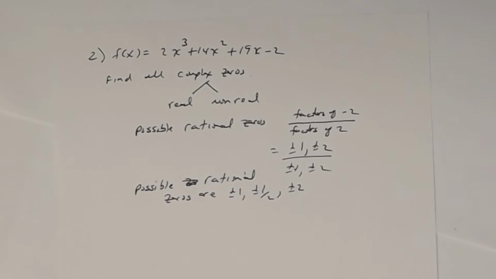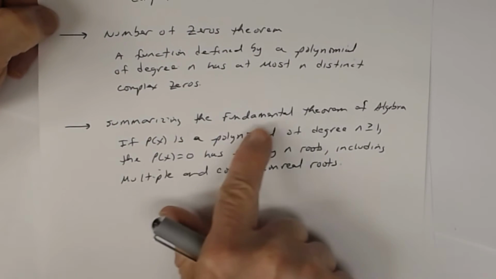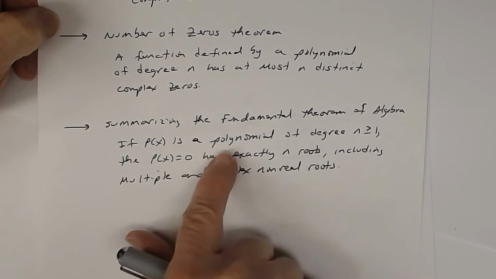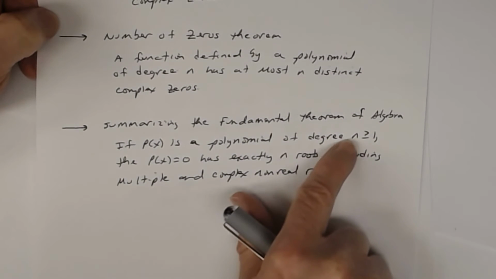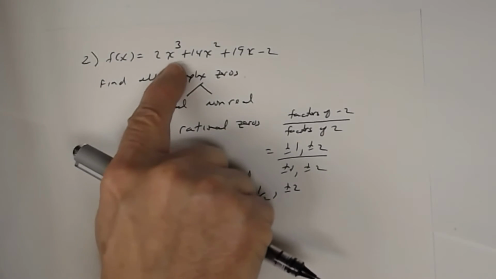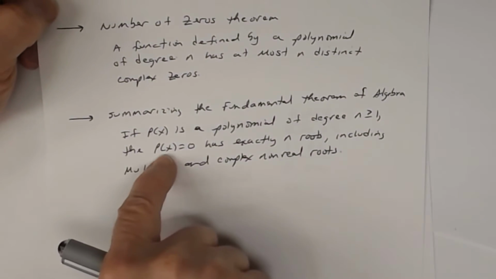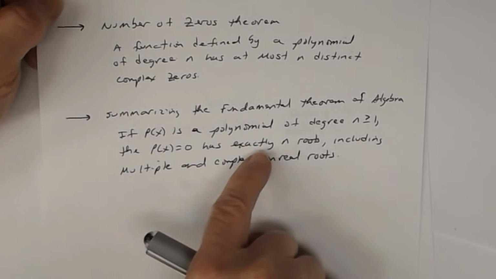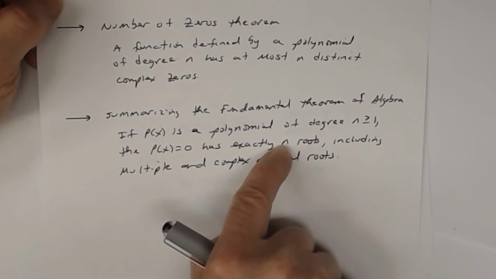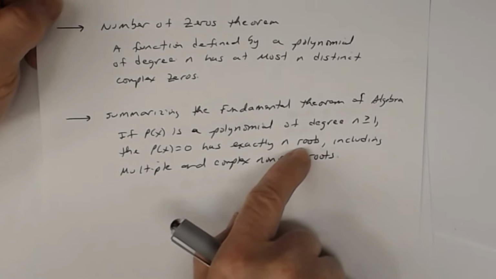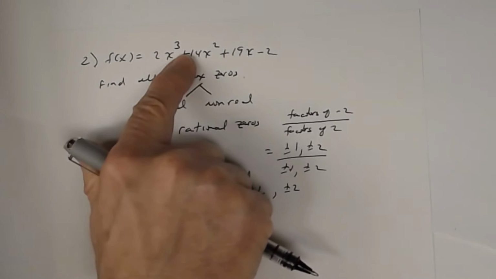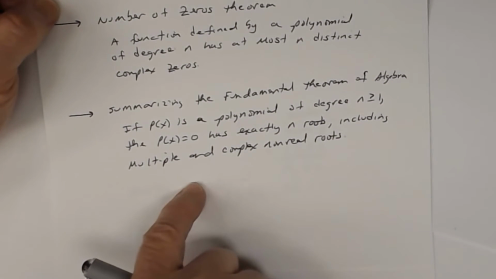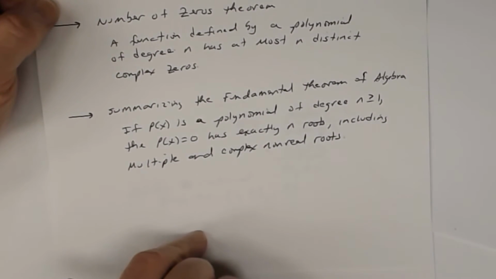Now remember, the fundamental theorem of algebra says that if a polynomial has degree n greater than or equal to 1, which it does, the degree is 3, then you'll have at most n zeros, n roots. Roots and zeros mean the same thing. So I have 3 zeros, including multiplicities and complex non-real zeros.